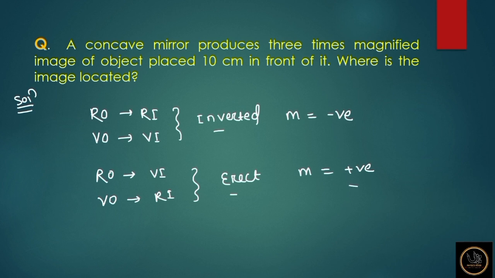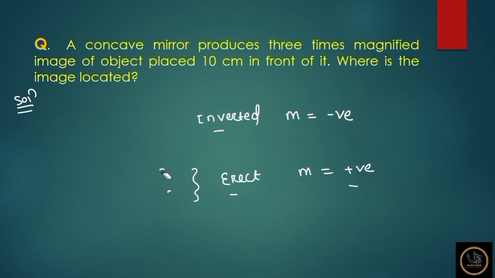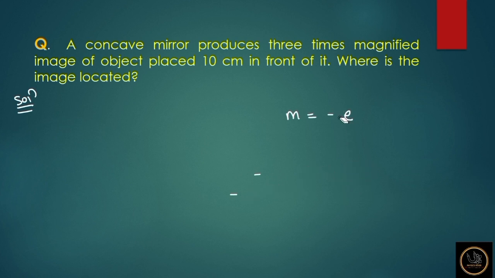Now come to the question. So here question is given, a concave mirror produces 3 times magnified image of object placed 10 cm in front of it. Where the image is located? So image कहाँ पे होगा? So मैग्निफिकेशन यहाँ दिया हुआ है, तो मैग्निफिकेशन M का वैल्यू कितना है? 3 times. So M is equal to, पहले लिख लो 3.